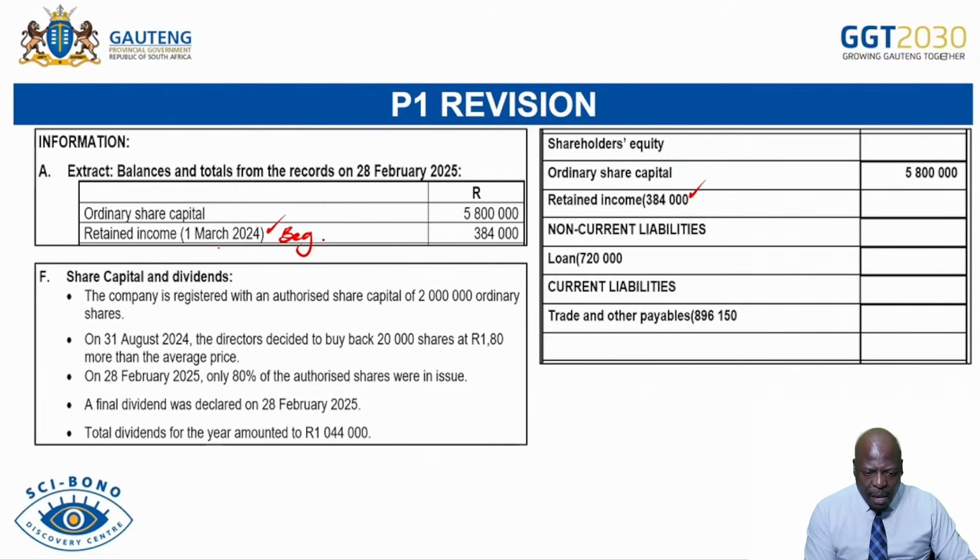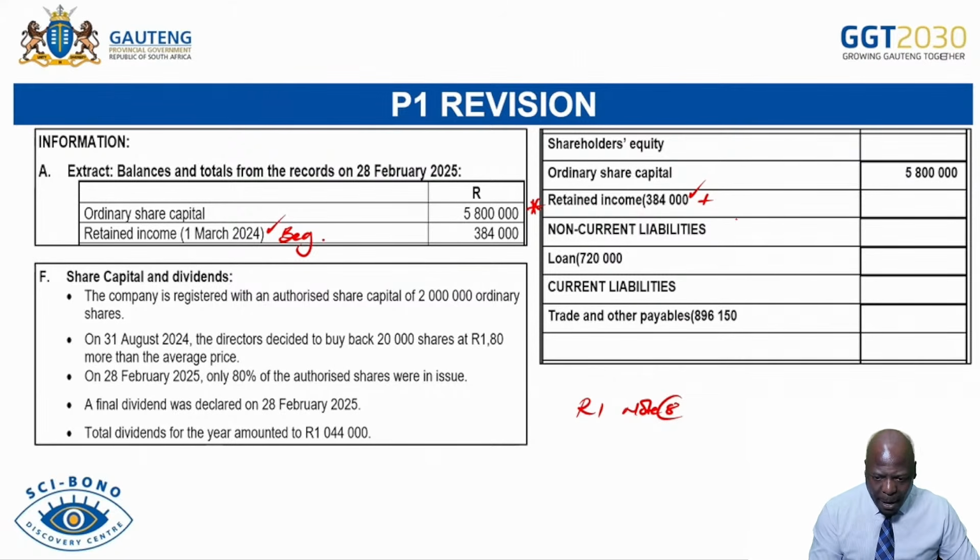If we're given the retained income at the beginning, that means we're supposed to open a retained income note, number 8, or you can do it here and show calculations here. You see a balance at the beginning. The next thing you bring is net profit after tax, which is mine, 3,062,750.